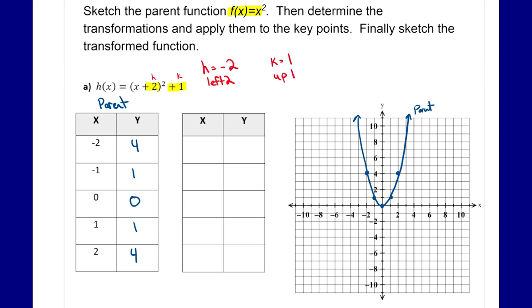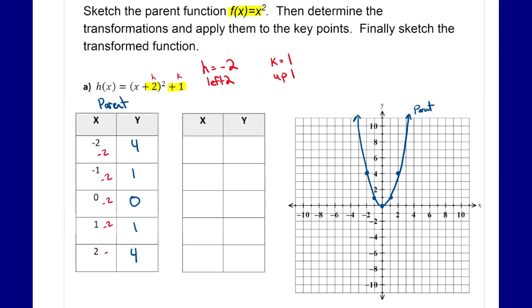So now we can look at our points. These points are going to change. If I'm moving left 2, that means the x values are going to be subtracted by 2.